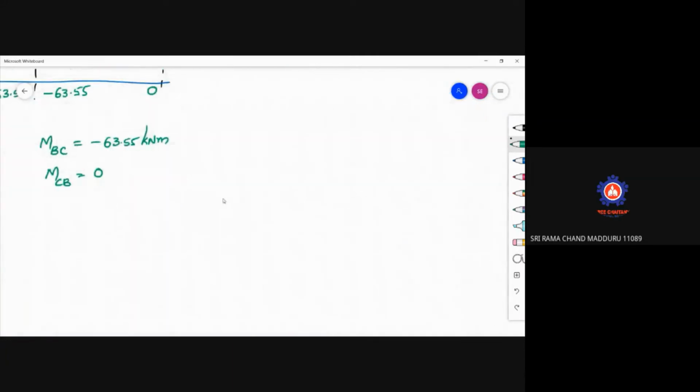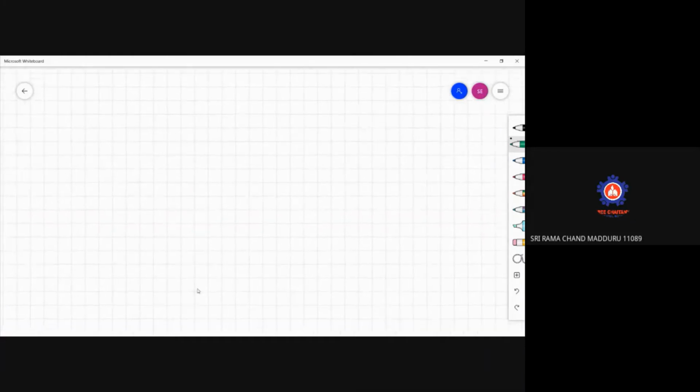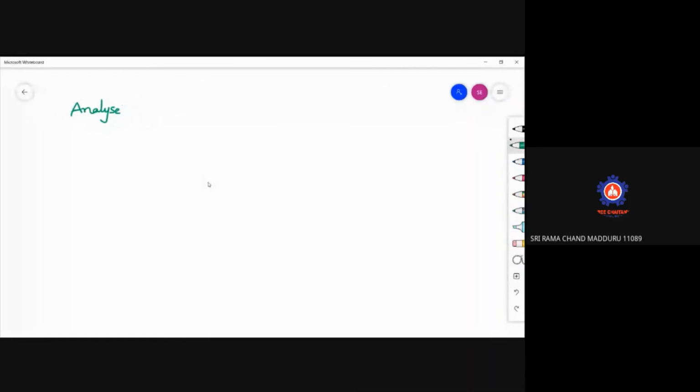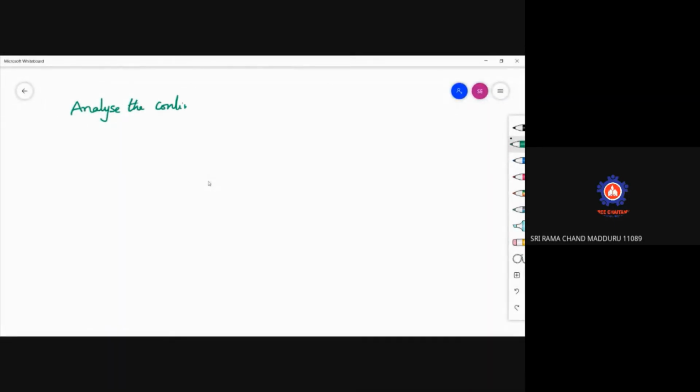Take one problem for your homework: analyze the continuous beam by the moment distribution method. So take this one.